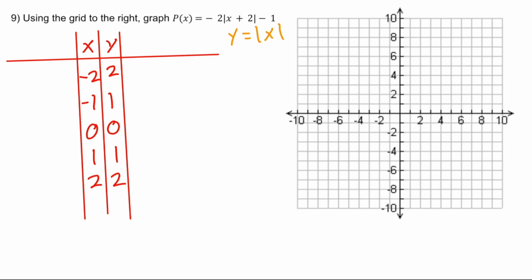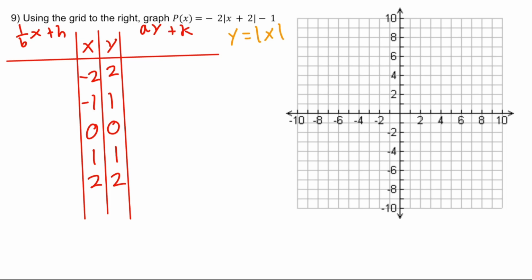Okay, for this left column over here, this is going to represent the horizontal transformations applied to this function, which will be represented as 1 over b times x plus h. Conversely, the right column is going to be representing the vertical transformations applied to p of x, which will be represented by a times y plus k.